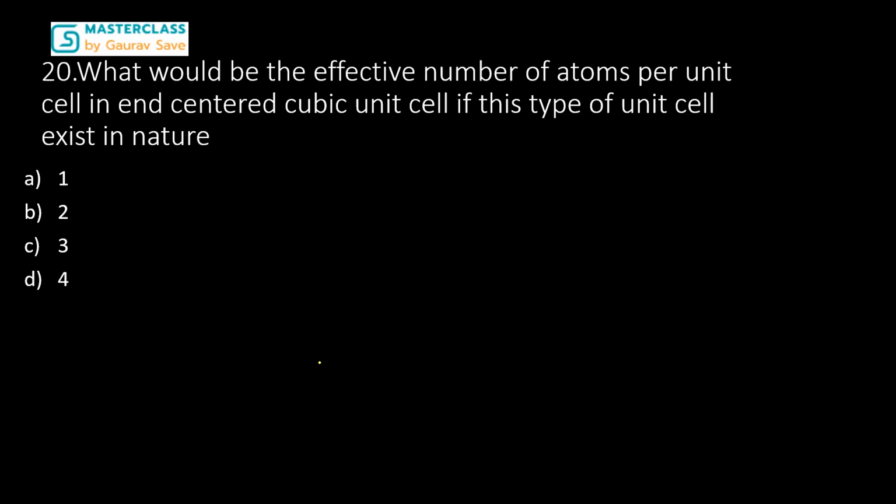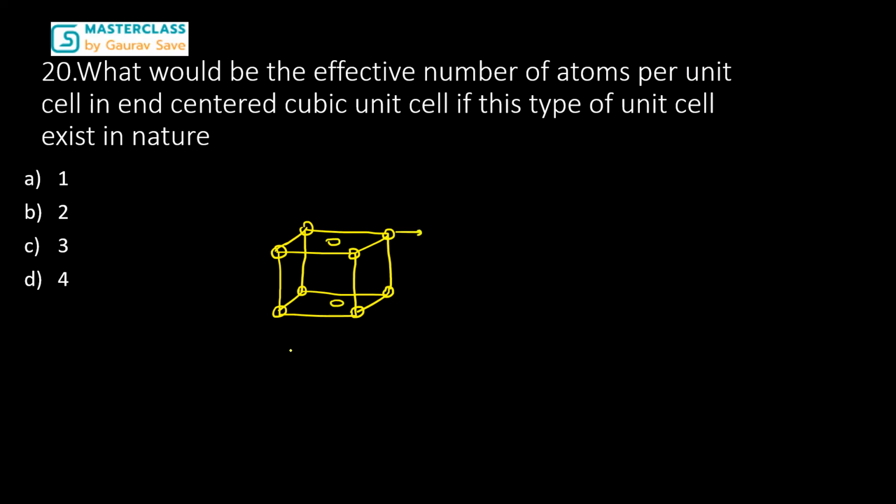Now, question number 20. What would be the effective number of atoms per unit cell in end-centered unit cell? Guys, end-centered unit cell they are asking. So in case of end-centered unit cell, atoms are present at corners and also they are present on two opposite faces.